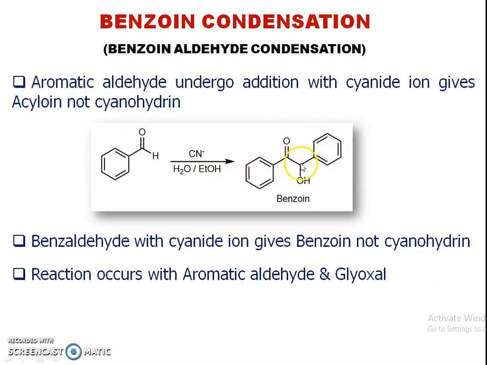In the benzoin structure, you can see that one of the carbonyls is retained, and the other benzaldehyde's carbonyl has been added and become a hydroxy compound, and a new carbon-carbon bond is formed. This type of reaction usually occurs with aromatic aldehydes, and it can also be formed by glyoxal.